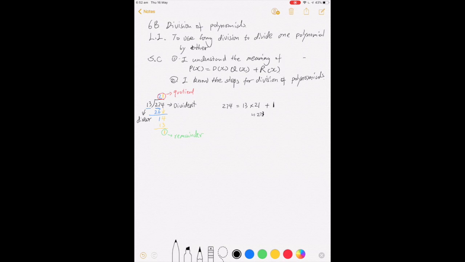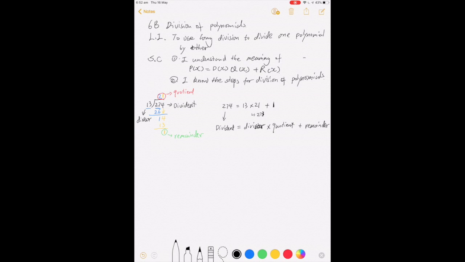Alright, so this gives me the form that we usually write. Dividend is equal to 13, the divisor, times the quotient, plus remainder, because my 1 is the remainder.